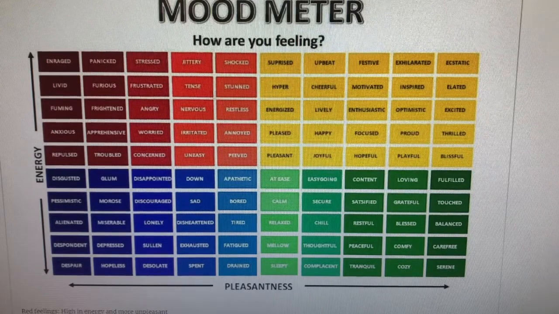So we'll talk about these emotions more at a later time, but I just wanted to show you this really beautiful illustration of where our emotions lie in our body and how it affects our thoughts, our mood, and our day. Thanks everybody for listening.